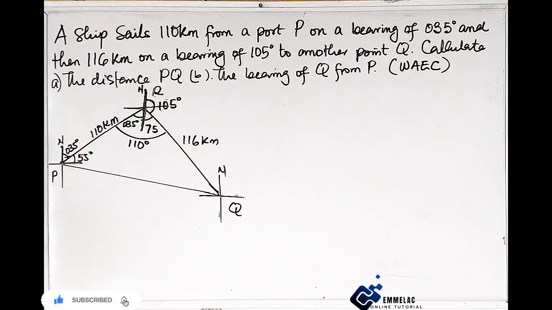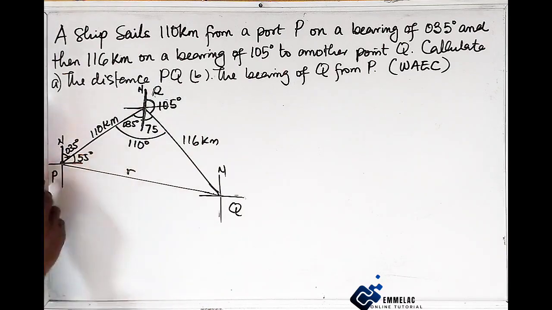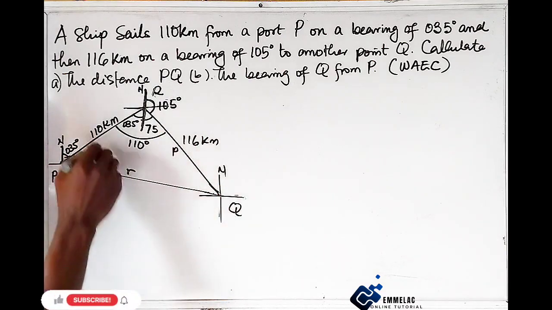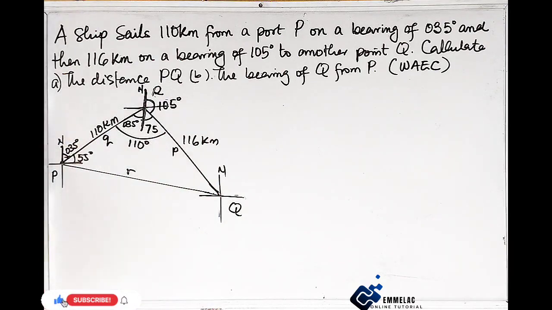Now the question is, what is the distance of PQ? Let us assume this is our small r, this is our small p, and this is our small q. We'll be using the cosine rule.